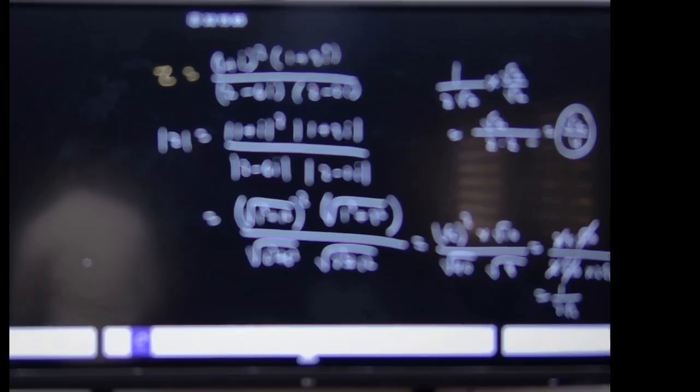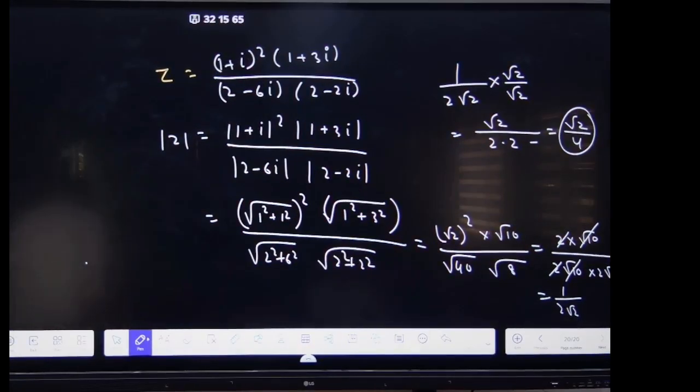Understood? Now I am marking some homework questions, note them down.